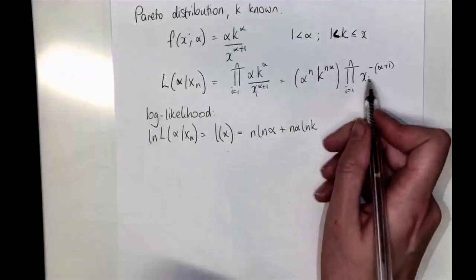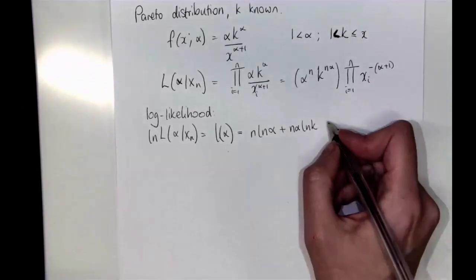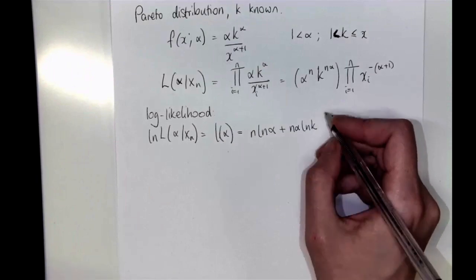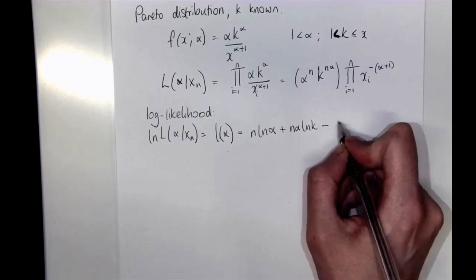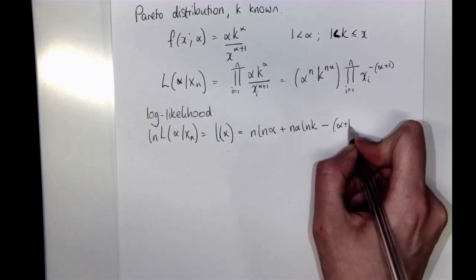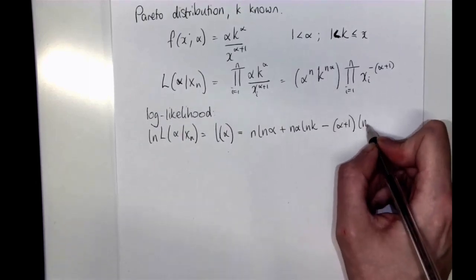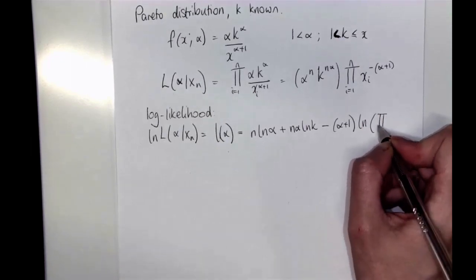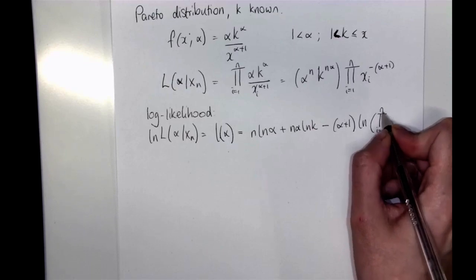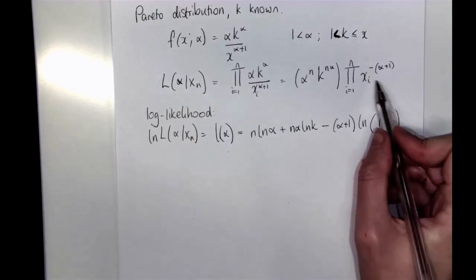And then we're going to bring in our minus alpha plus 1 times the natural log of the product of i equals 1 to n xi. And we'll worry about that bit later.